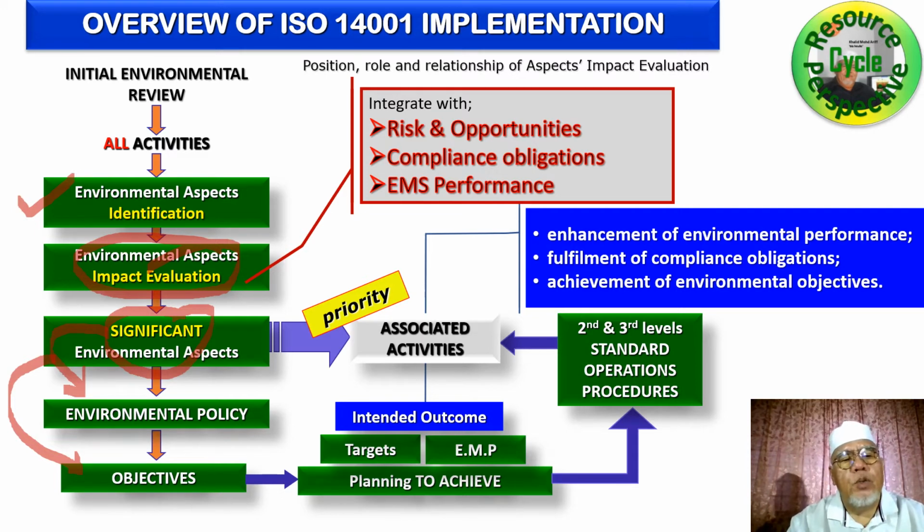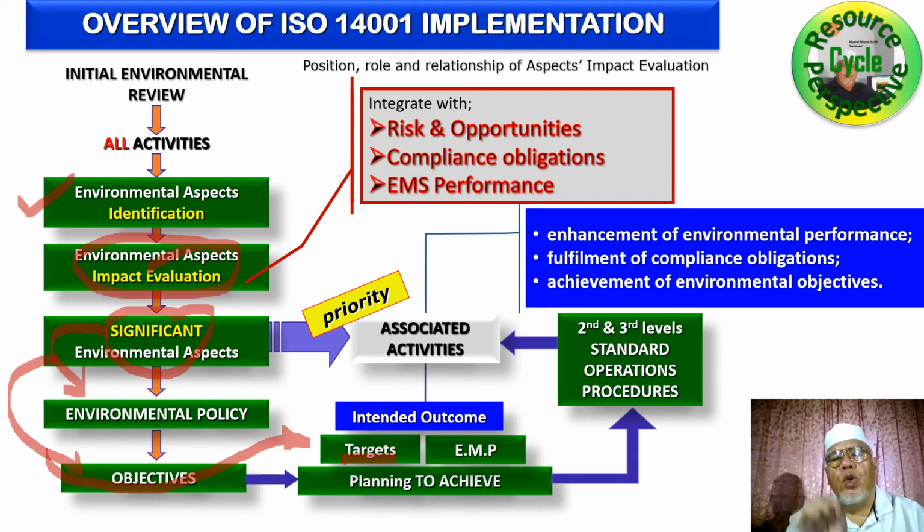So therefore, once the objective is done, we start to develop our environmental targets. What do we want to arrive at? Our destination, the GPS, what do they call it, the navigation, where do we target?